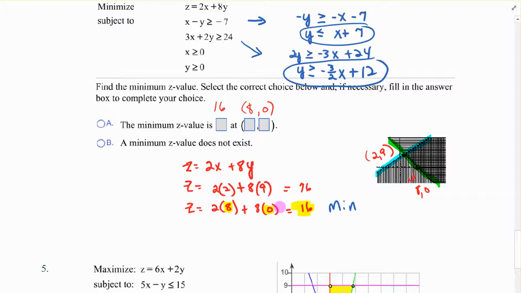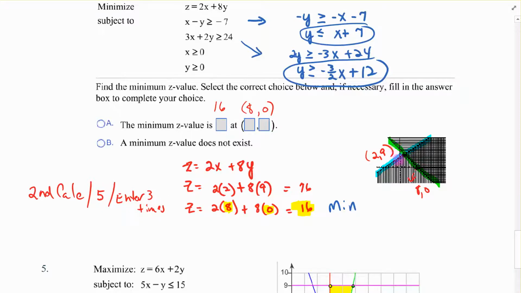And again, you can find that by doing intersect on your calculator. If you're doing it on your calculator, you could do second calc, number 5 for intersect, and enter 3 times.